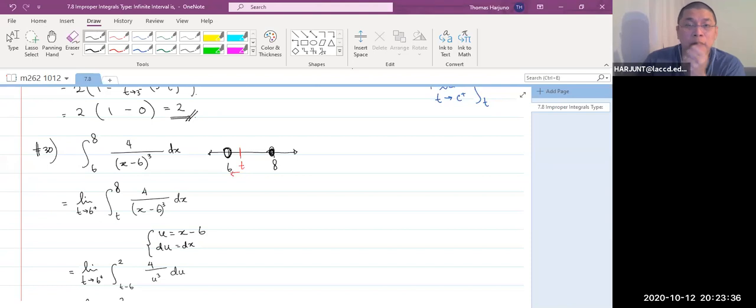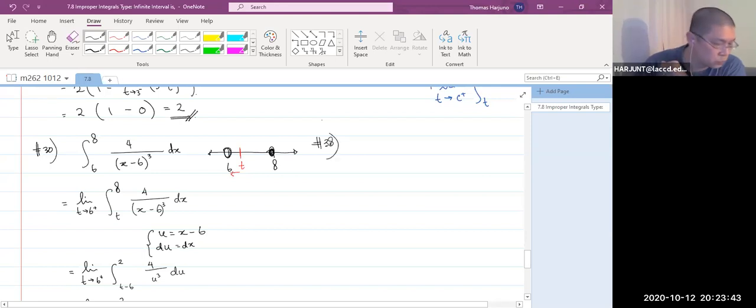Number 38, okay, you do number 38, which is, in case you don't have the textbook, the integral from 0 to 1 of e to the 1 over x over x cubed dx.